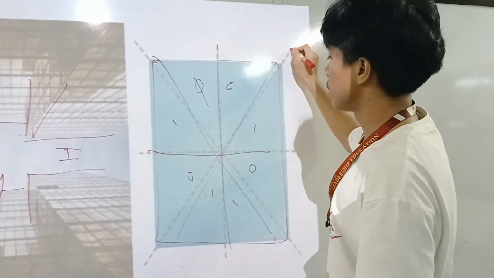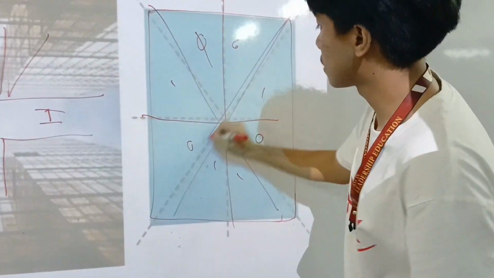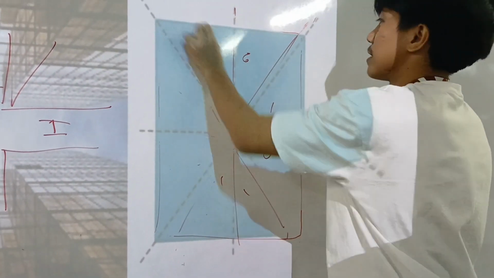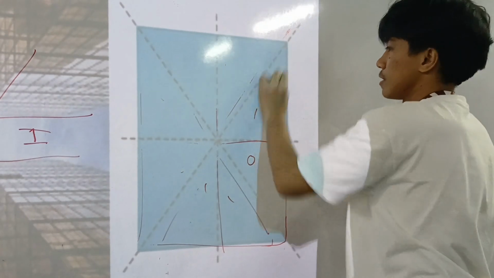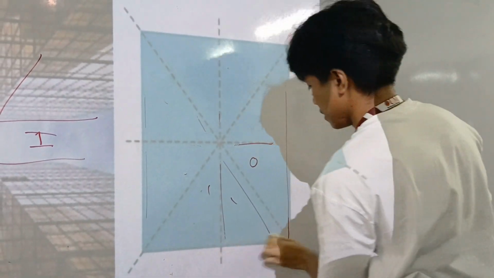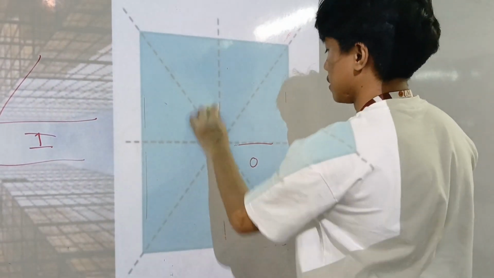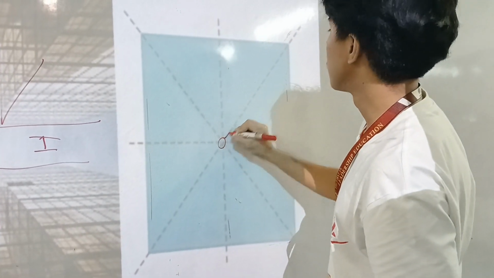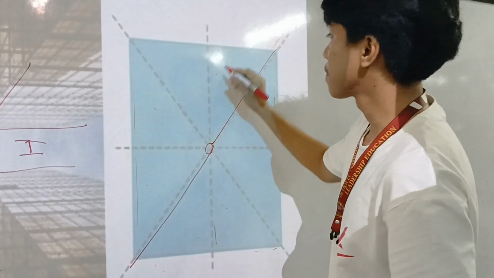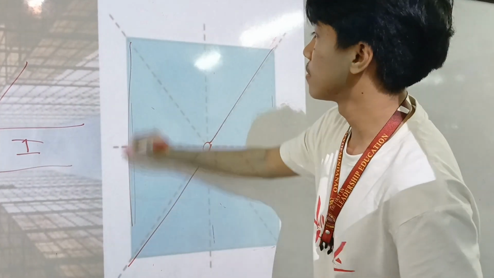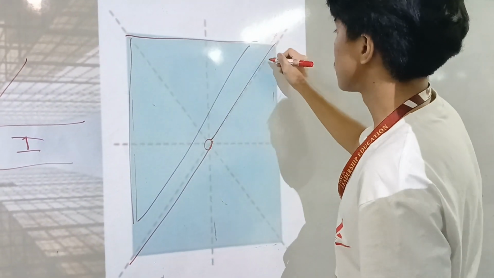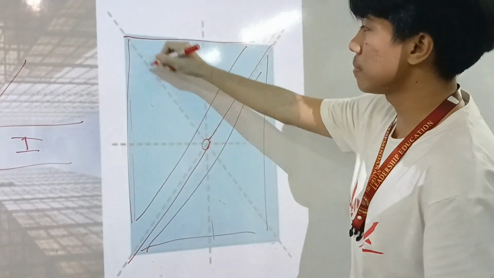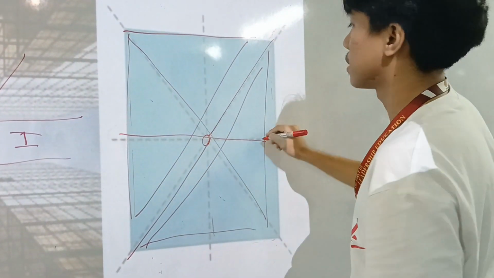For example, when this is cut in half, we still have the same shape here, which is a triangular form. So same here, this one and this one are the same.